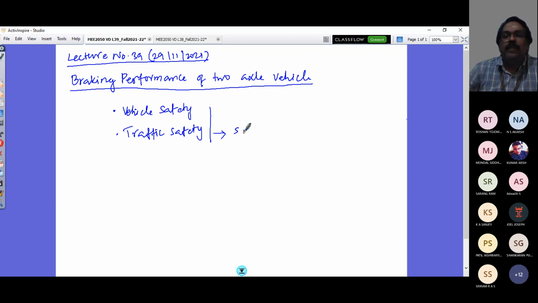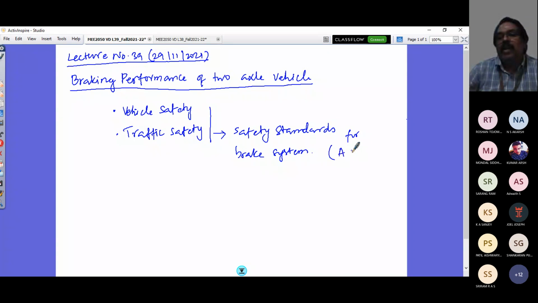Many safety standards for the brake system came into effect, and importantly, every vehicle nowadays is required to have ABS, called anti-lock brake system.